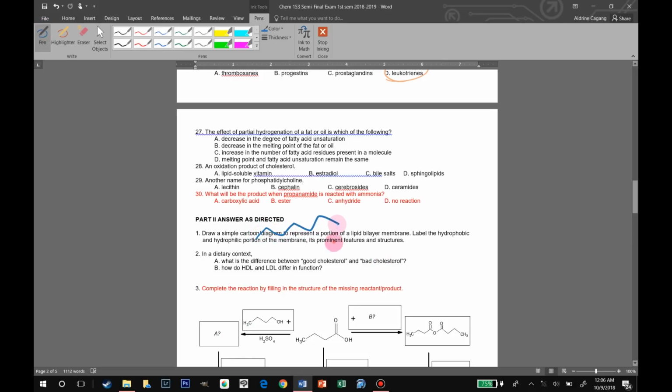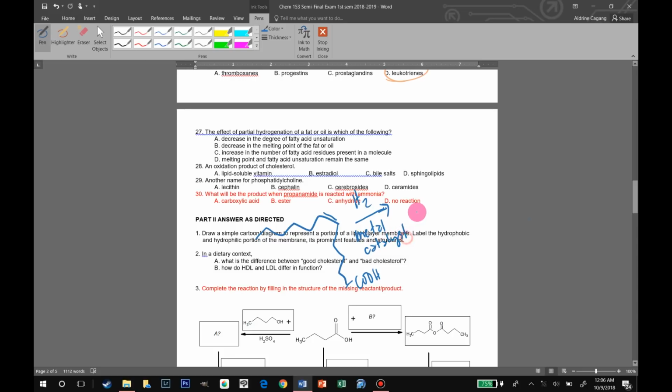Partial hydrogenation, same process, but you're actually limiting the reactants of your hydrogen.